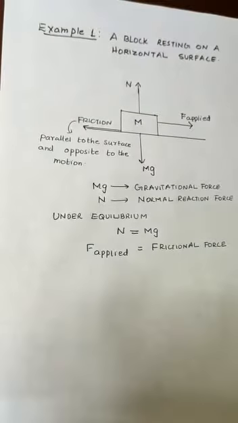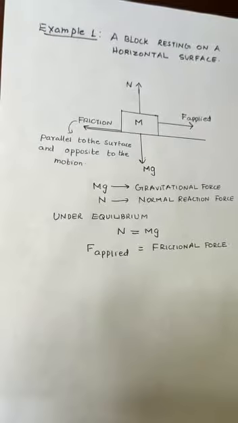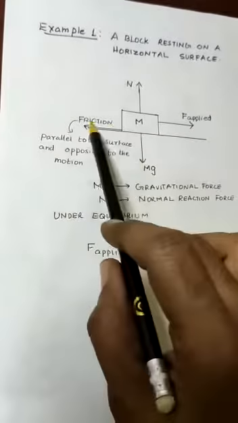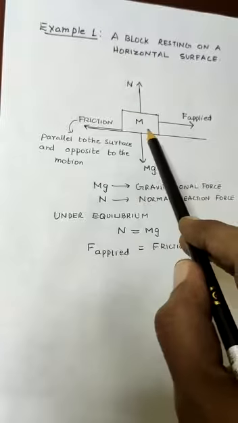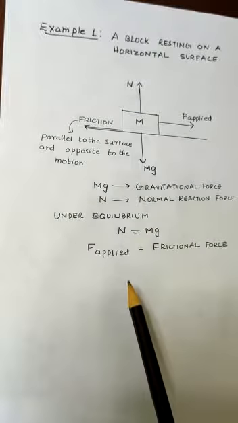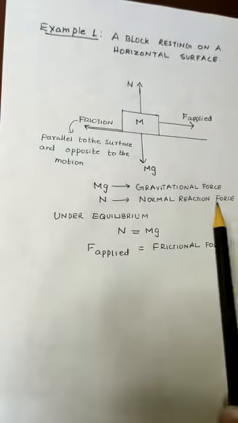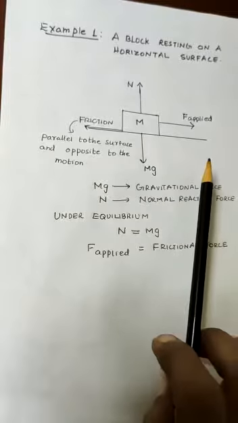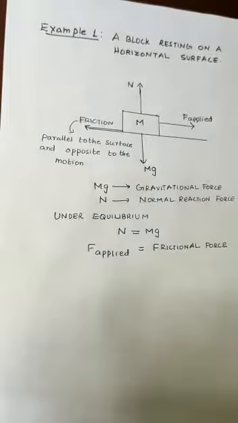Example 1. We have a block of mass m resting on a horizontal surface. So this is the horizontal surface and the block of mass m is placed on it. We are assuming that there is no motion. That is, all the forces are balanced.